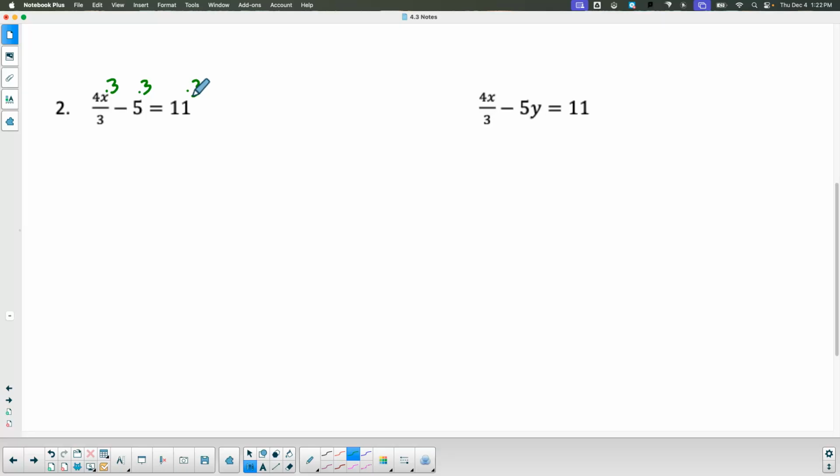So if I multiply everything by 3, then it's 4x minus 15 equals 33. Then add 15. Then divide by 4.